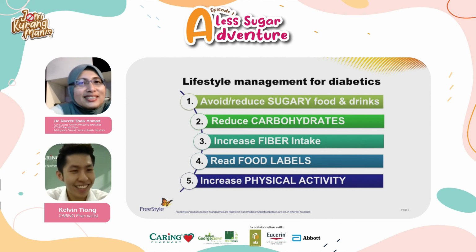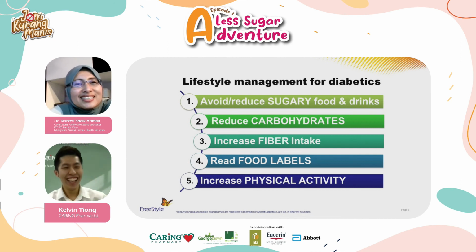Usually the no added sugar is the one with lots of sugar. Marketing strategy, yeah. And the last one is increased physical activity. Not necessarily that you need to run or anything. Maybe you can walk with a walking stick if your joint is okay. And Mr. Kelvin also shared that standing more will also help to reduce the glucose.